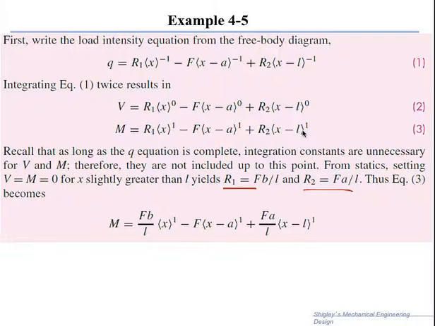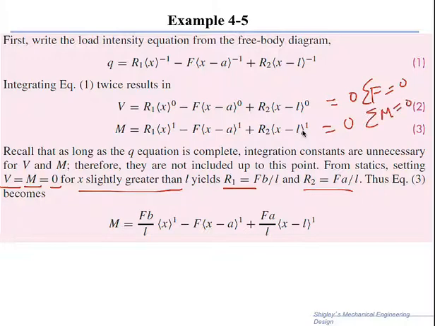Another way, which is exactly equivalent, is to set V equals M equals 0 for x slightly greater than L, which means that you equate this to 0, you equate this to 0. This is the force equilibrium, sum of the forces equal to 0. This is the sum of the moments equal to 0.